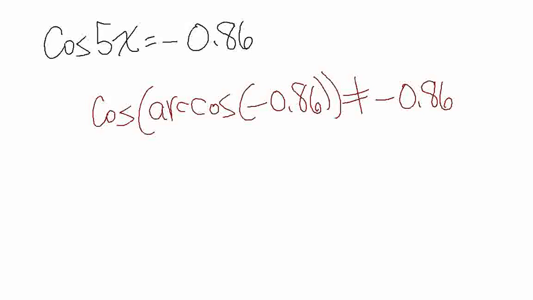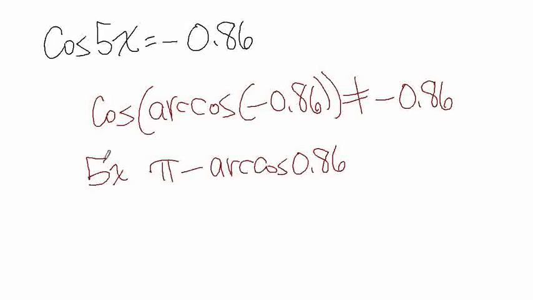All right, so if you want an angle measure whose cosine is minus 0.86, you would be better served using this one. Pi minus the arc cosine of positive 0.86. Okay? So think about why that works. Okay? And so we'll set 5x equal to that instead.